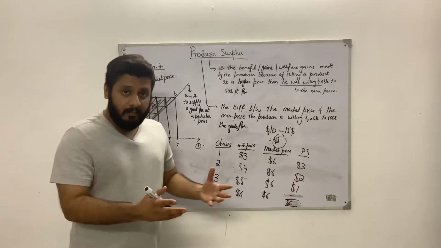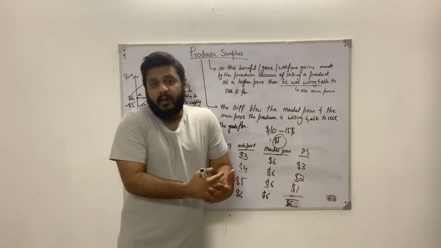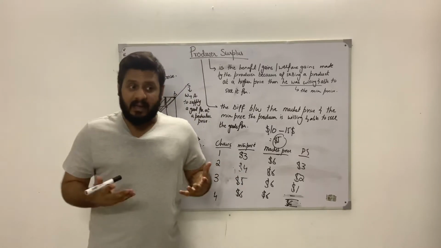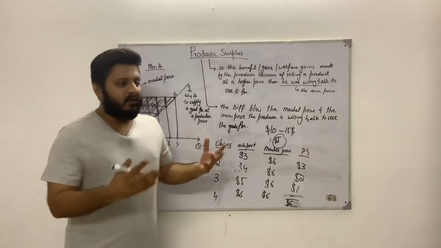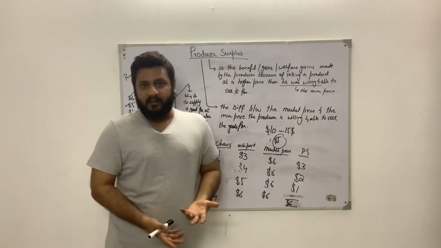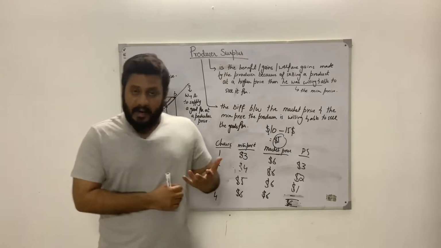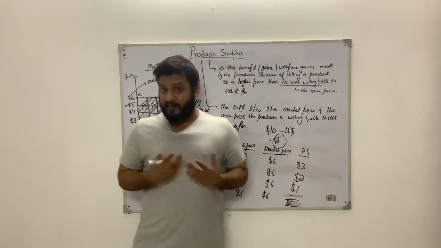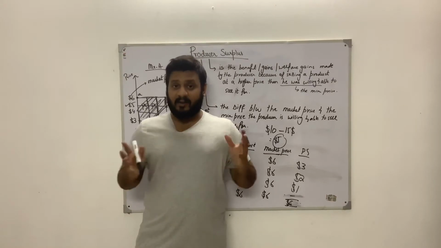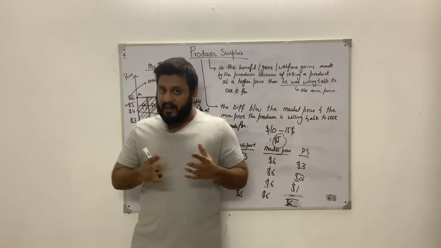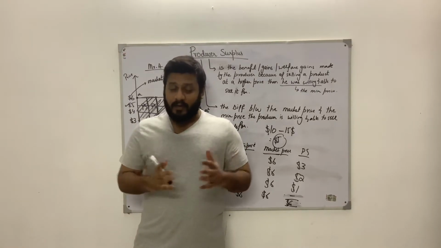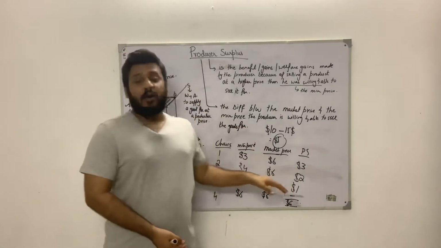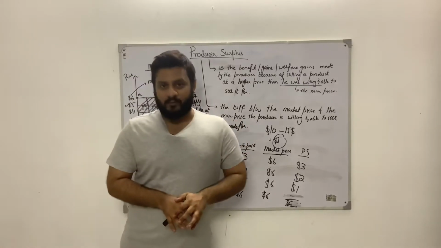Each time I sold an additional chair, I bagged a welfare gain, which means that each additional chair that I sold, I was actually selling at a much higher price than the minimum price I was willing to accept for it. And as a result, a welfare gain was made on the chairs that I was selling, and a total of $6 on the total 4 chairs that I've sold.